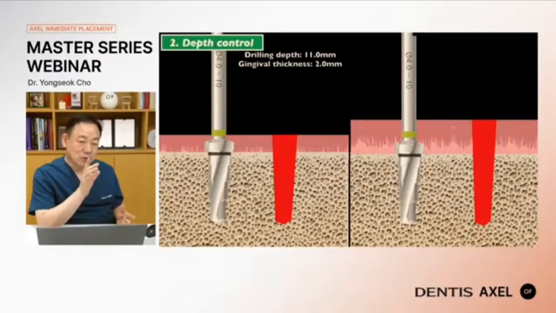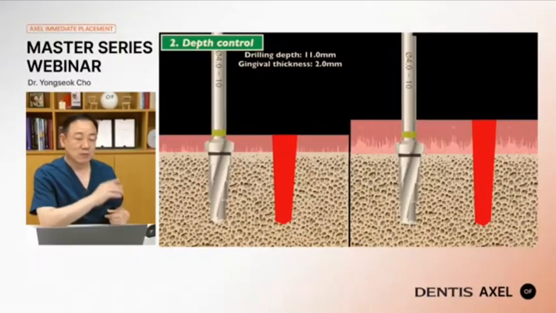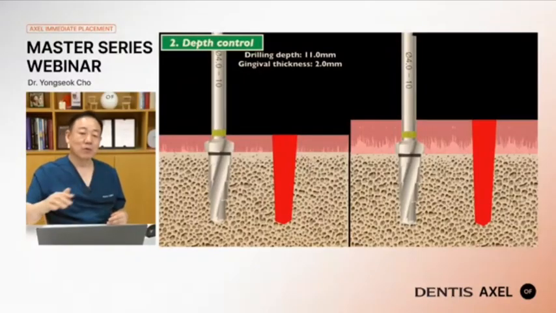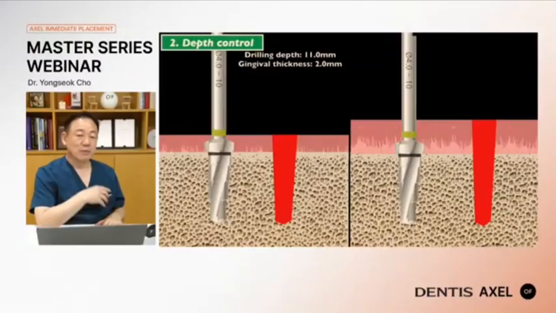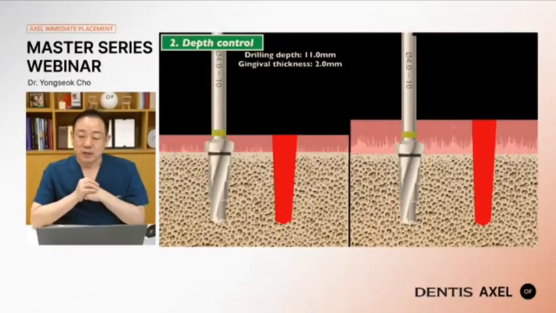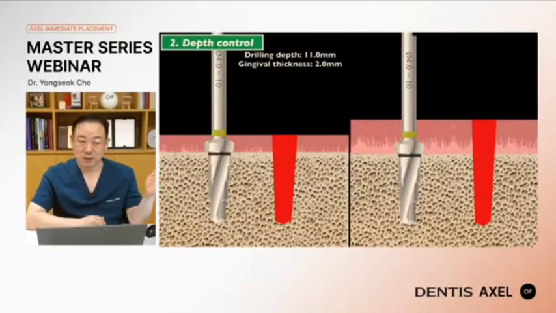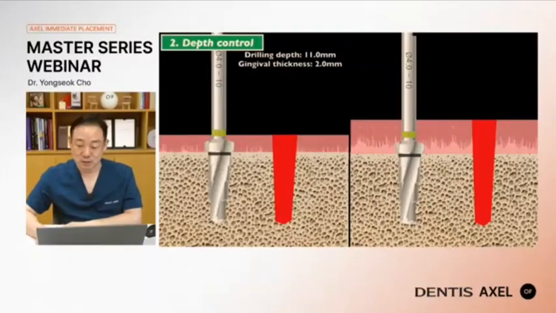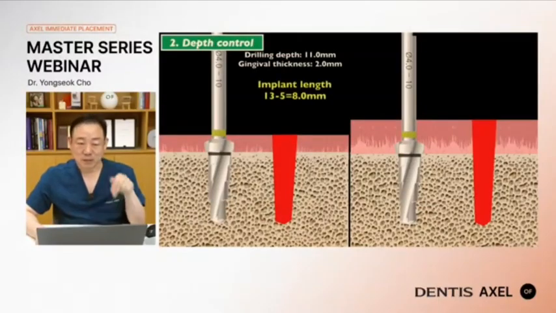and the implant depth should be measured from the gingival margin, not from the bone margin. So we must add the thickness of soft tissue. In case of thin soft tissue, like the left picture, it is a total 13 millimeter deep from the bottom to the gingival margin.